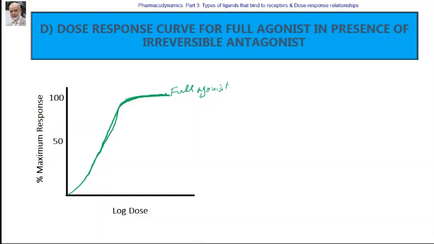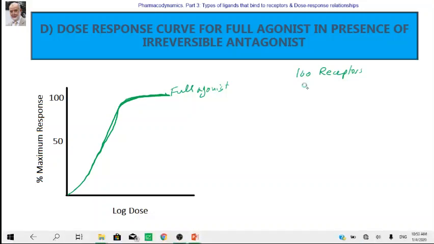Suppose, to make it easy for us to understand, let us imagine that there are 100 receptors, 100 million or whatever. Just for example, it is a hypothetical assumption that we have 100 receptors, okay?